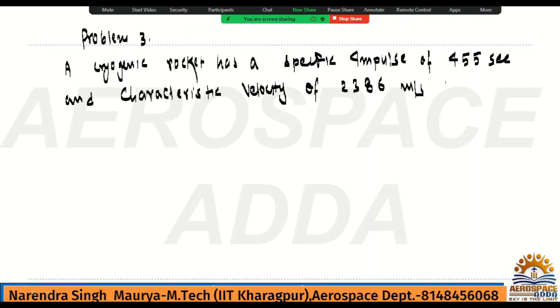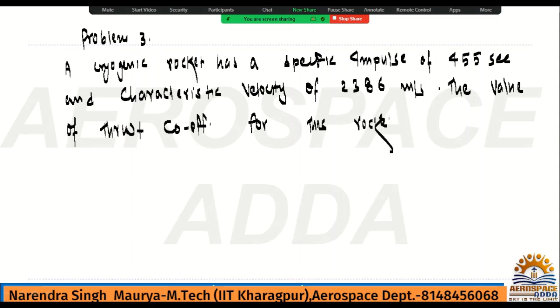The value of thrust coefficient for this rocket is, option A. So this is the problem.